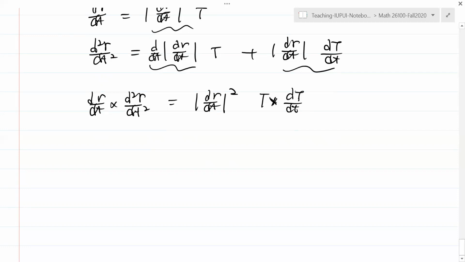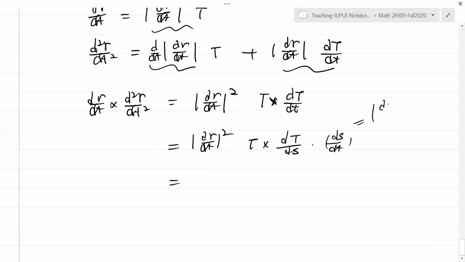We know that this dt I can change to ds, and then ds over dt. This one, I remember, is just the derivative of the length. This is going to be the length of dr dt. So now you have the length of dr over dt cubed.